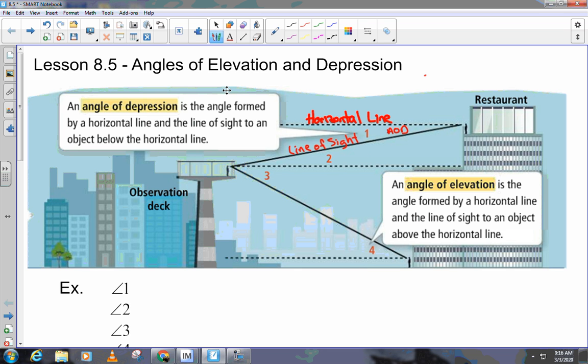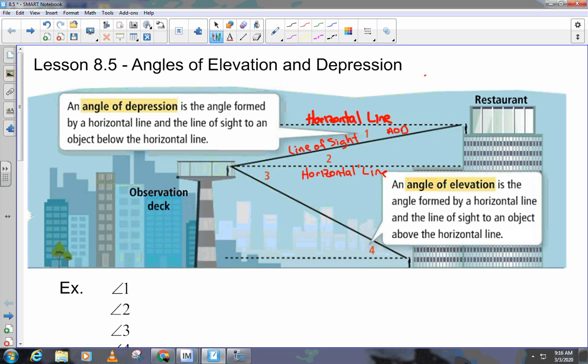Okay. All right. Now, let's say that the guy on the observation deck spots the guy at the restaurant. Well, he has a horizontal line of sight that goes straight across.